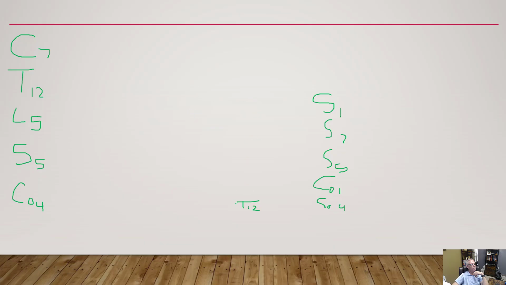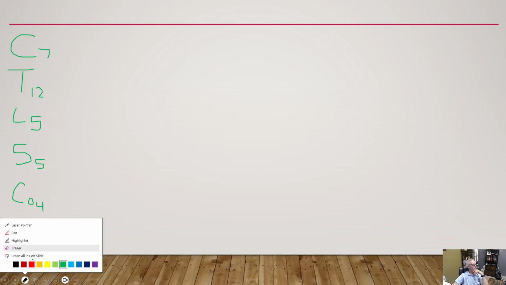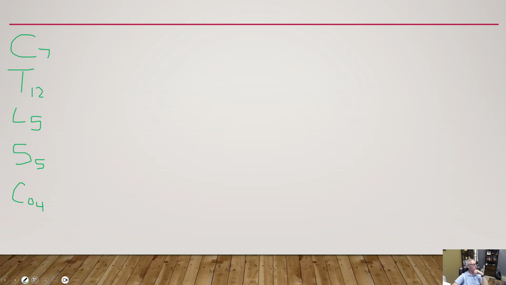All right, so for your cervicals, we have C1, C2, C3, C4, C5, C6, and C7. The difference with your cervicals is that we actually have 8 cervical spinal nerves.